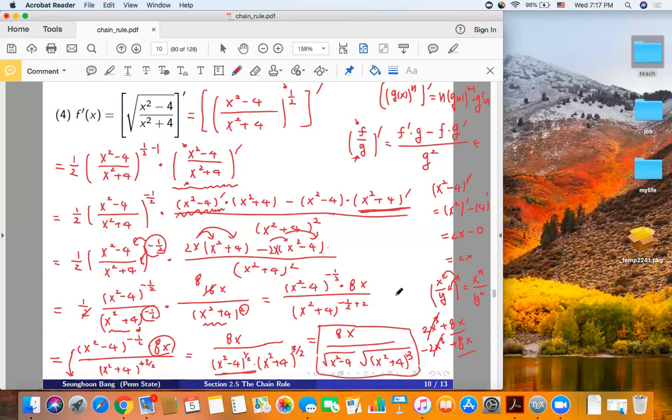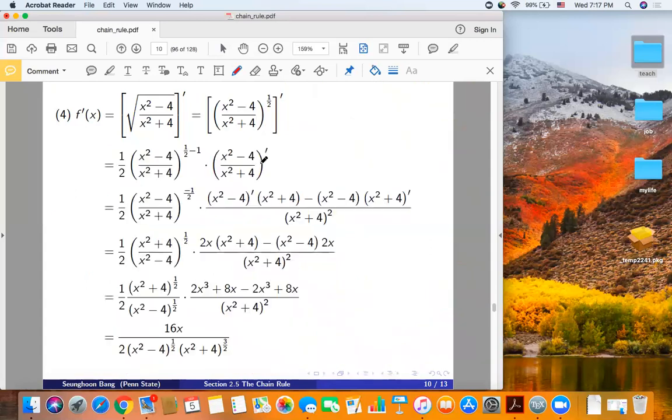Oh, here. So not this one. The denominator is like 2. What is x to the 1/2?